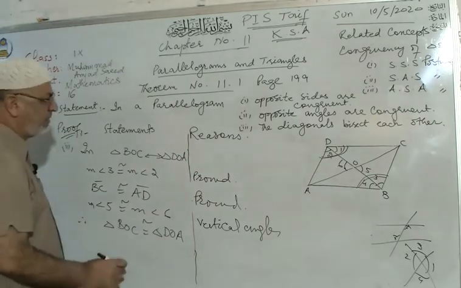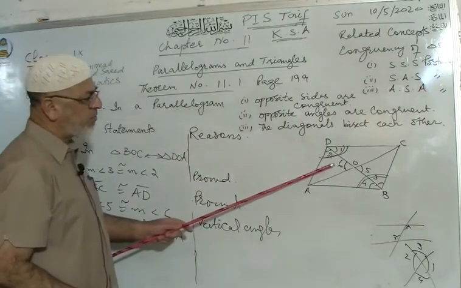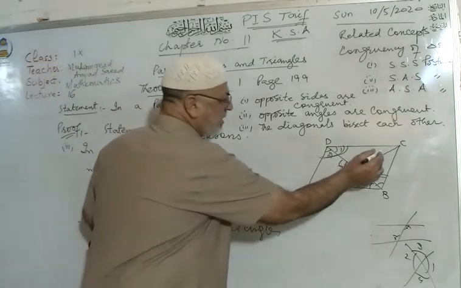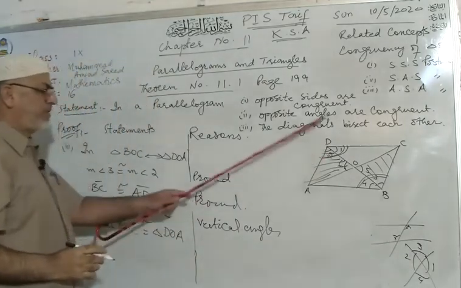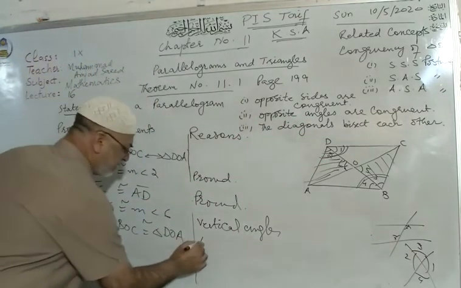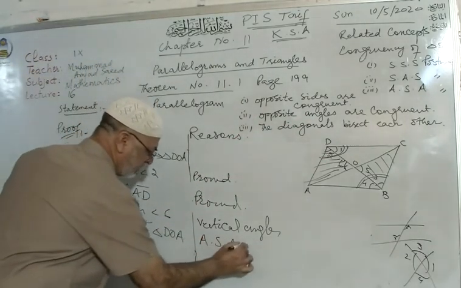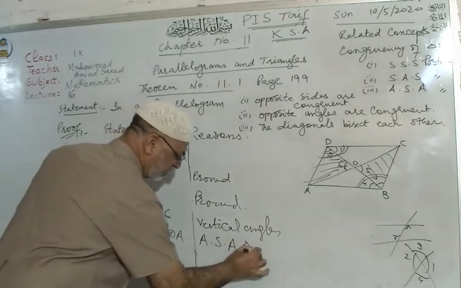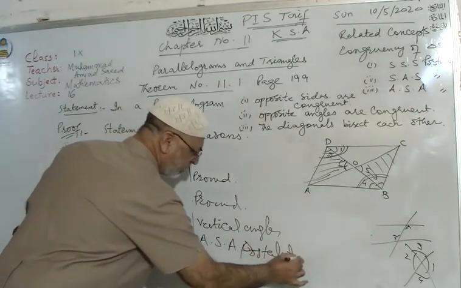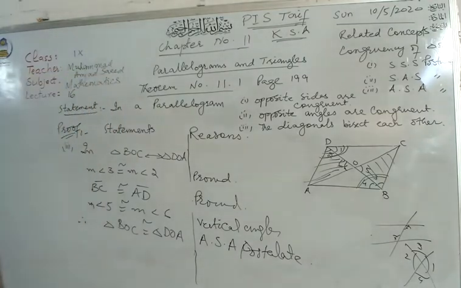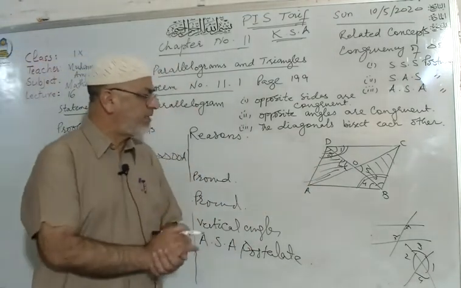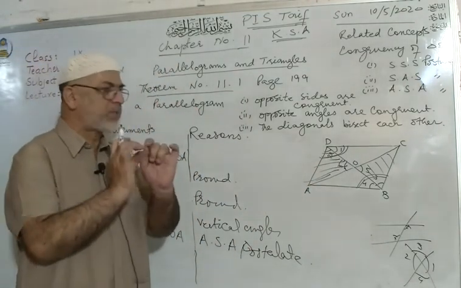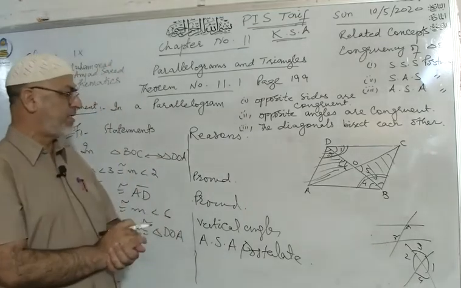So we have proved that these two triangles, BOC and AOD, are congruent by the angle, side, angle postulate. And I told you already that whenever two triangles are congruent, all their corresponding sides are congruent.